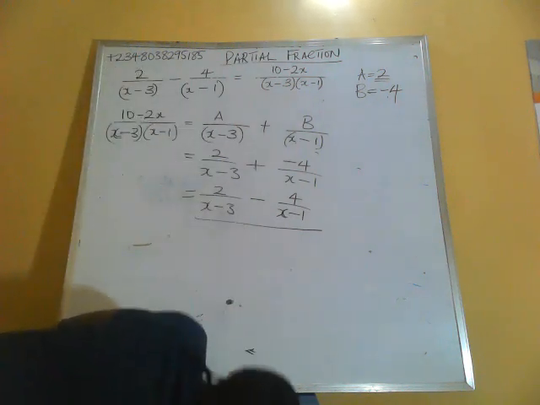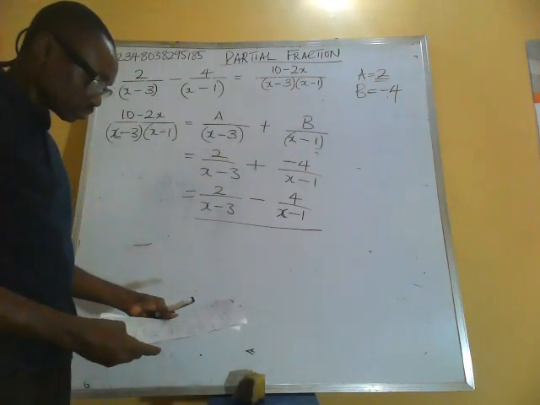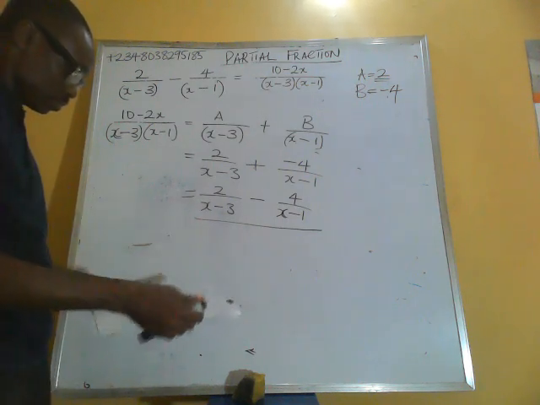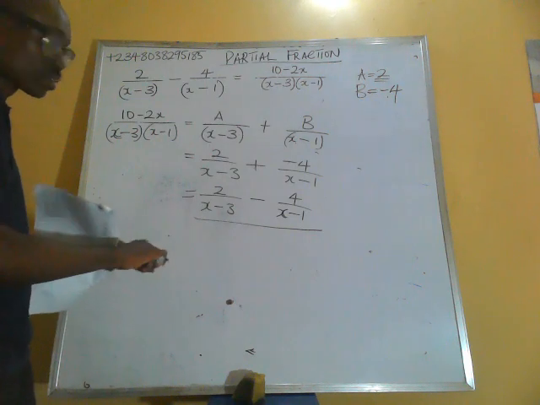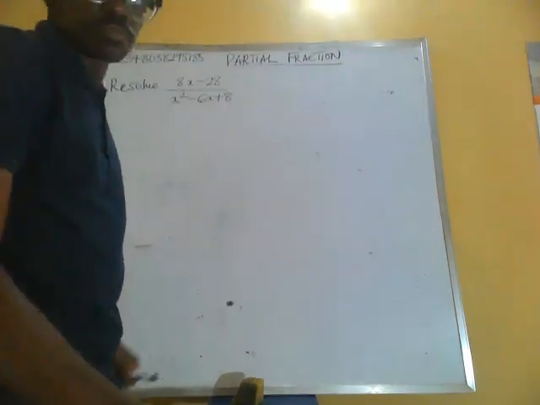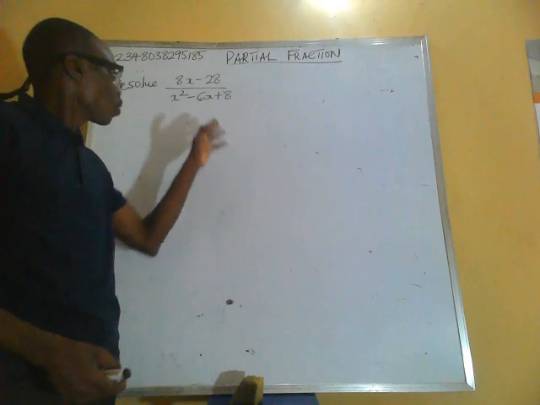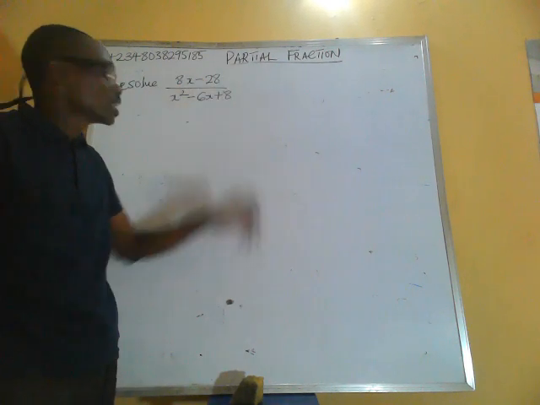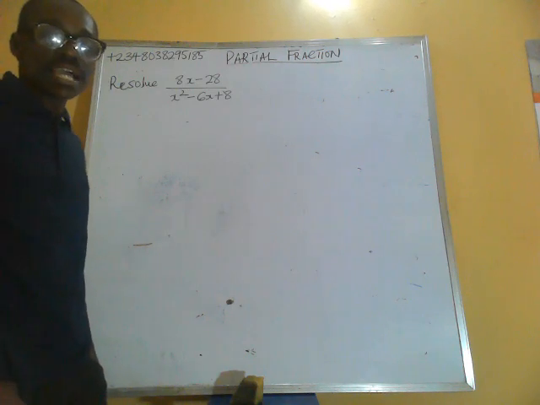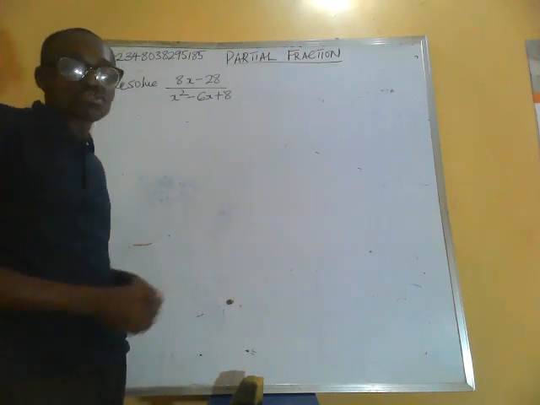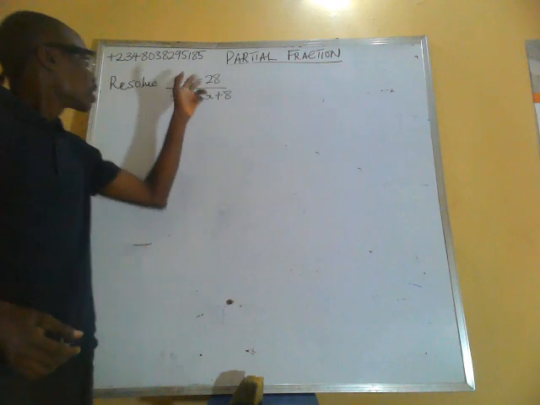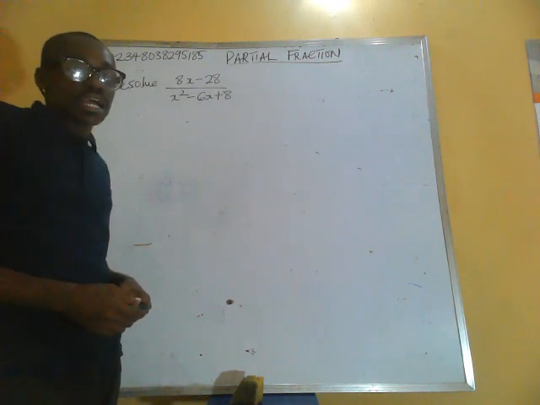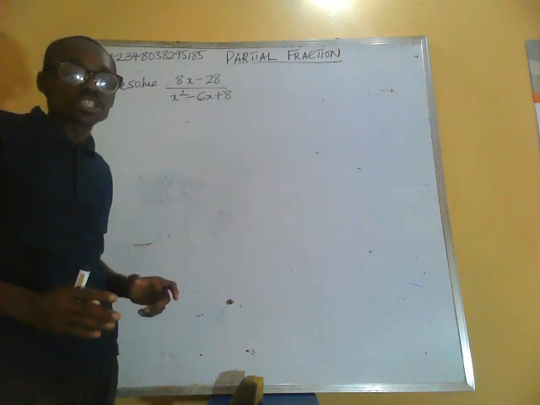So let me give you the question which we'll be solving in the next class. So this is your assignment. Resolve 8x minus 28 over x squared minus 6x plus 8 into partial fractions.